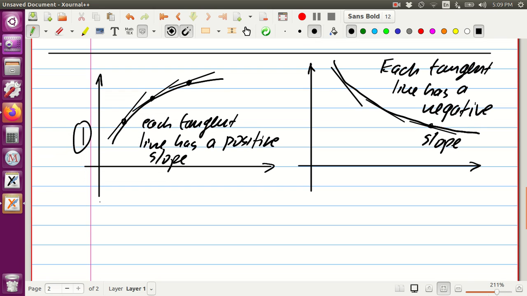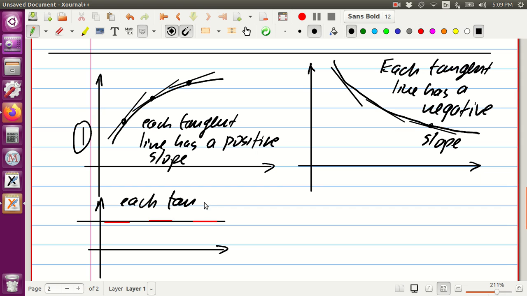And the last situation to discuss is a constant function. If we draw a tangent line to a constant function, it will match up with the function itself. So the conclusion is that the slope is 0. Each tangent line has 0 slope.